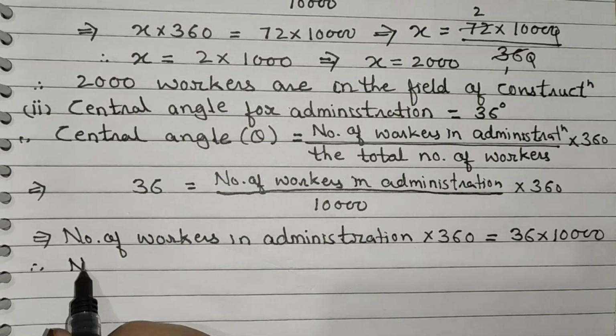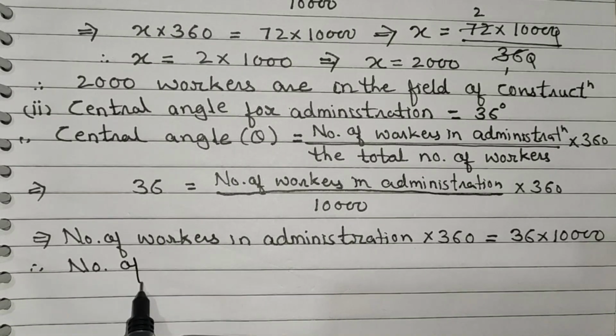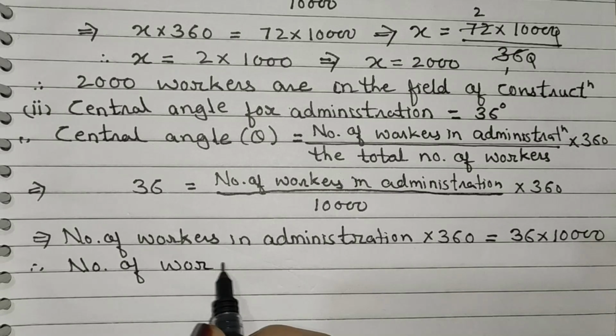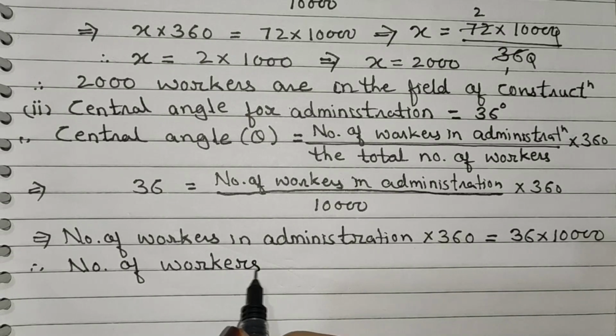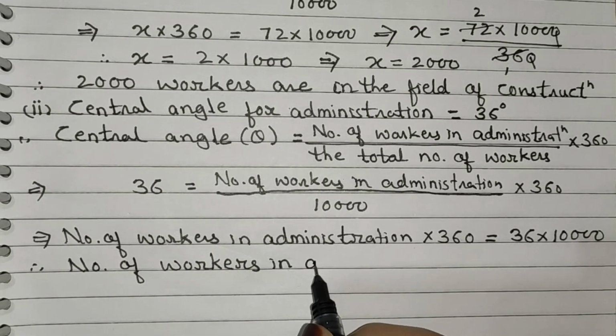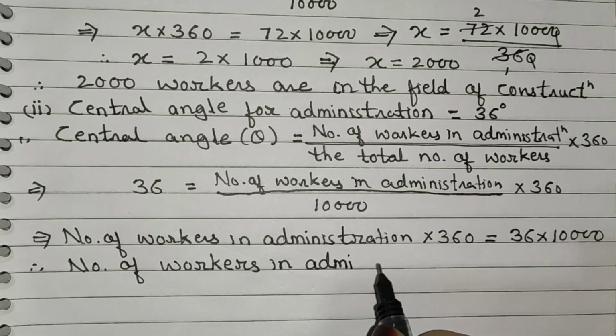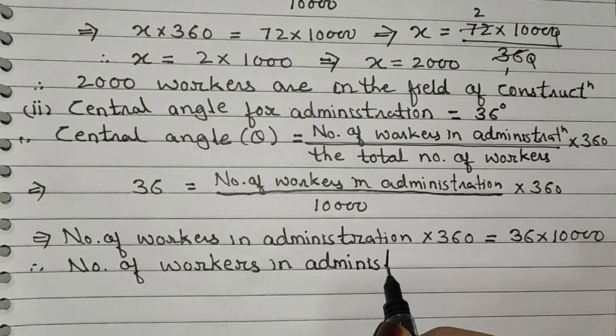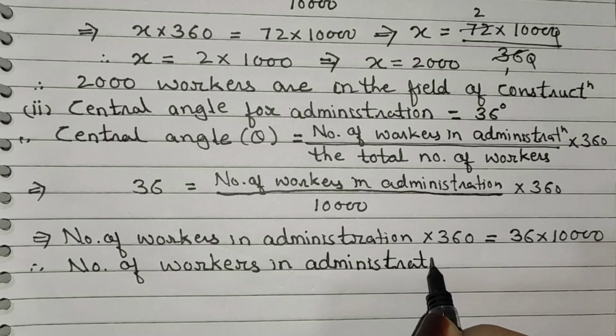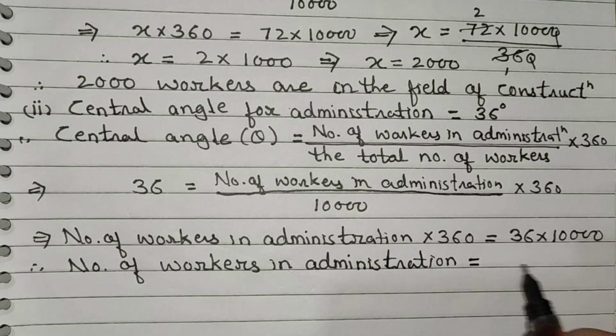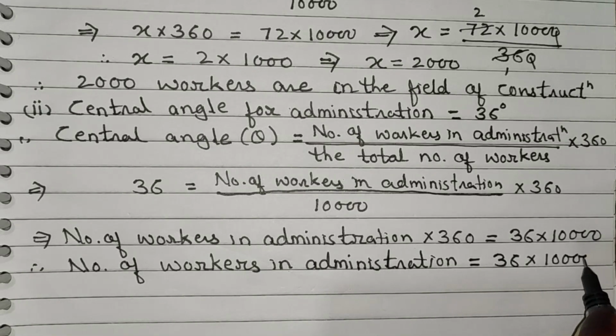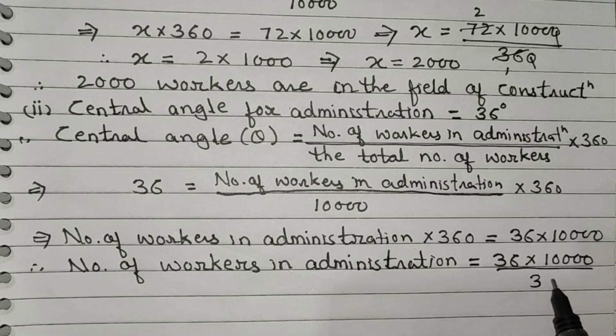Therefore our aim is to find the number of workers in administration, which is equal to 36 into 10,000 divided by 360.